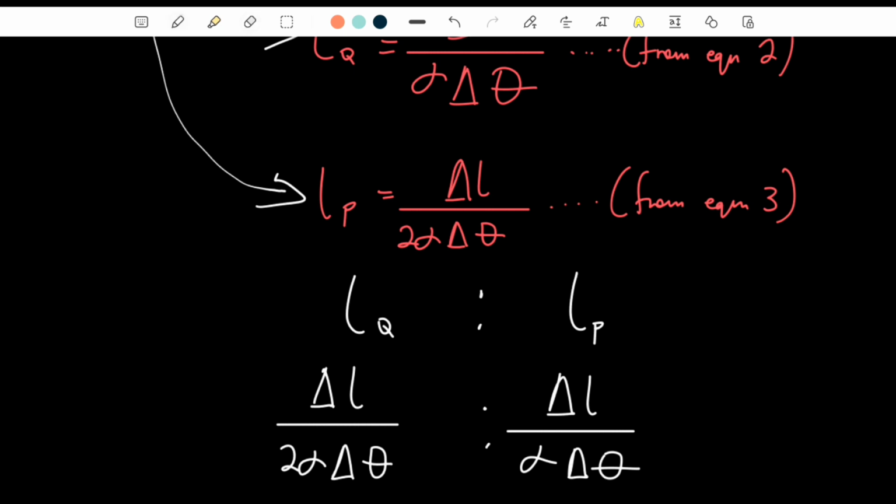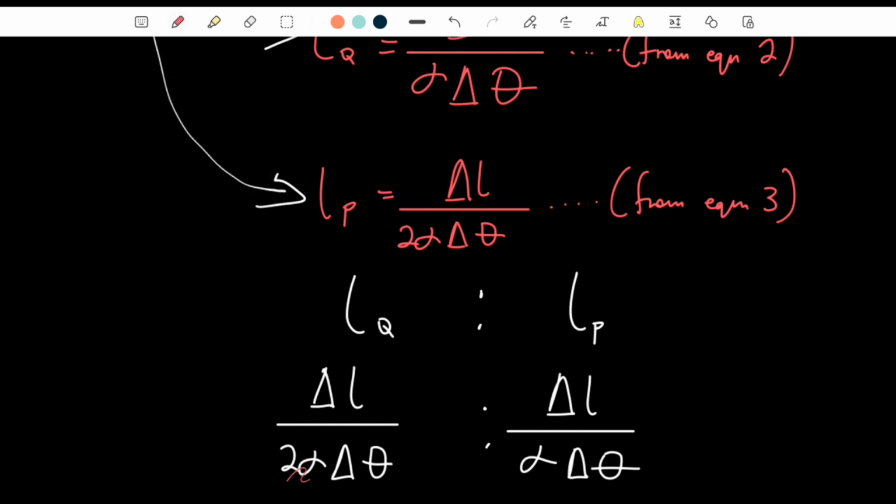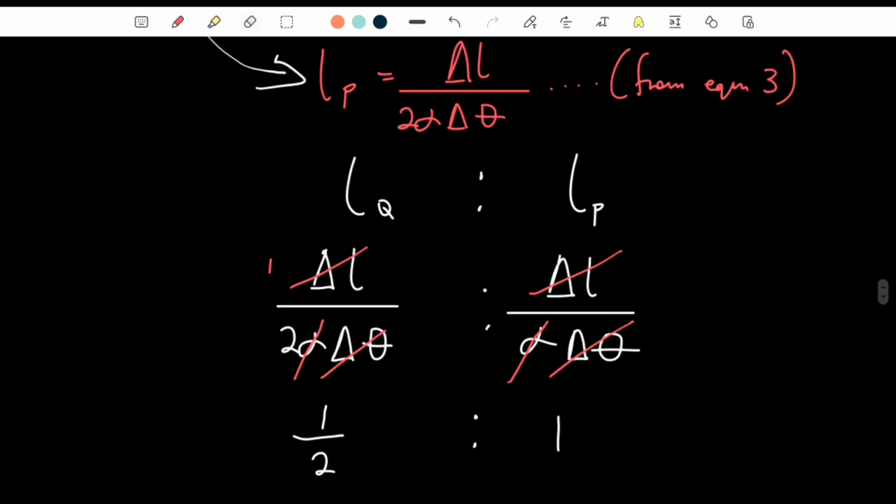So let's do our cancellation: this cancels this, and this cancels this. What else? We've got this, so we're left with 1/2 here, and the whole thing on the right is 1. So you're left with half to 1.